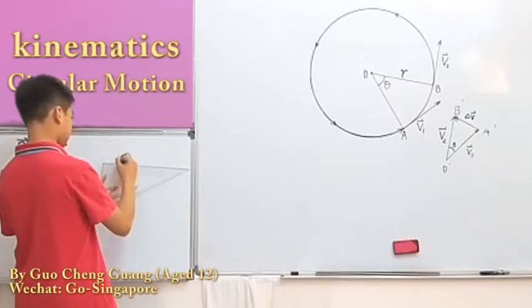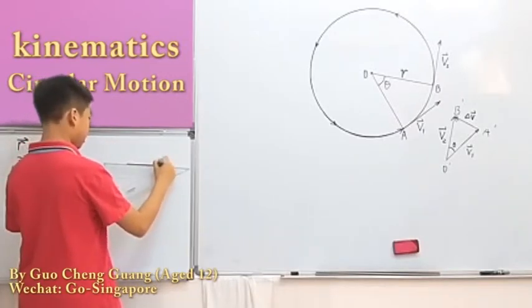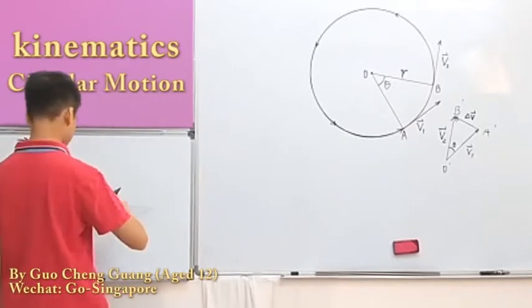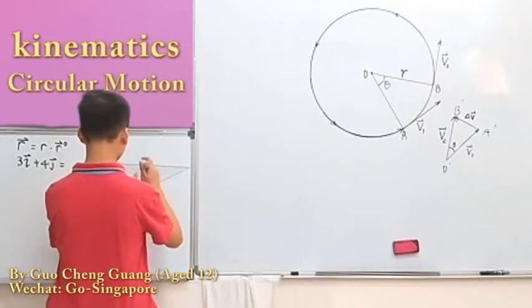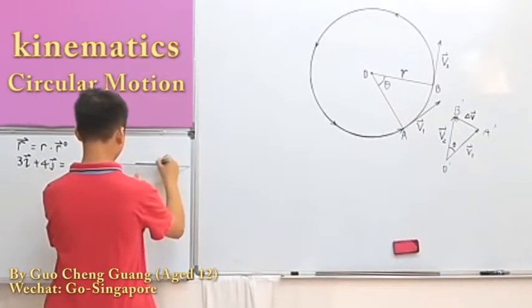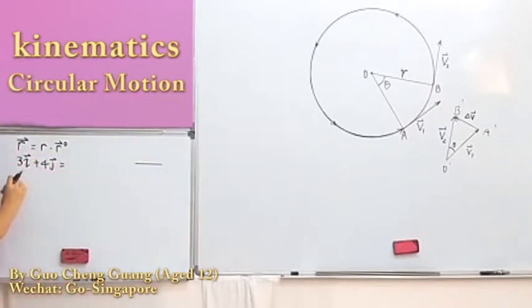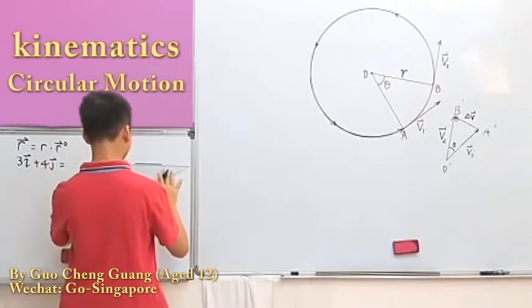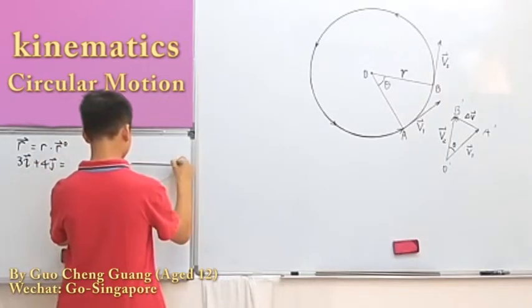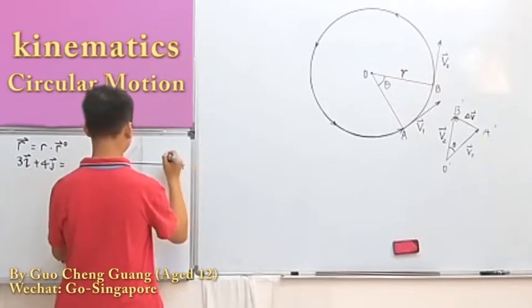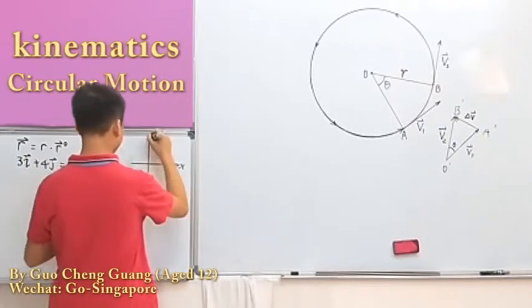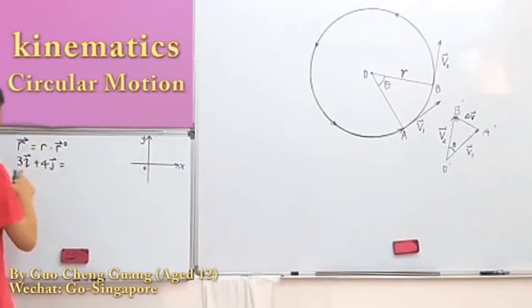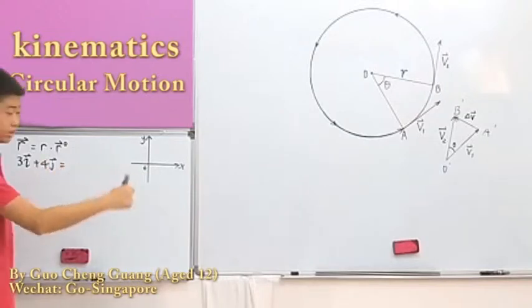So for example, let's just draw one part here. You also have to, at the same time, be aware of where it is. In this part, let me just draw the whole x-axis so that you can be more sure of this. So x and y. Then we have 3 units in this x direction.